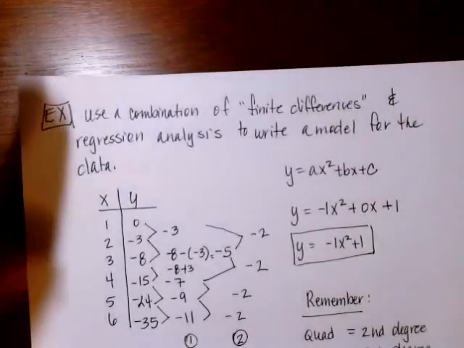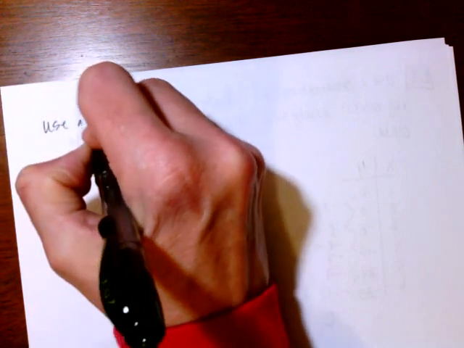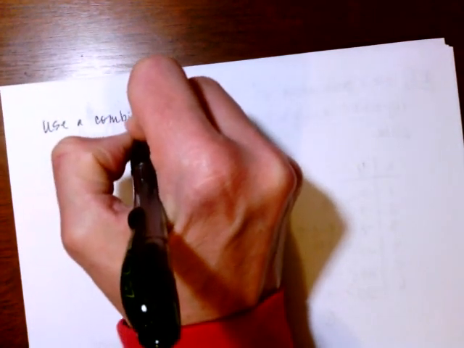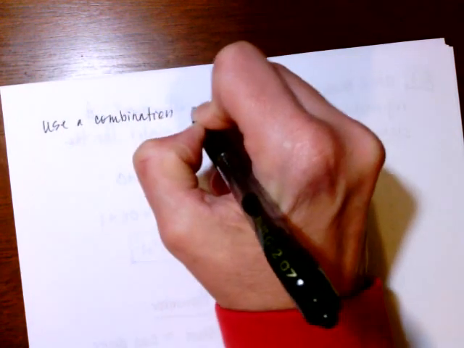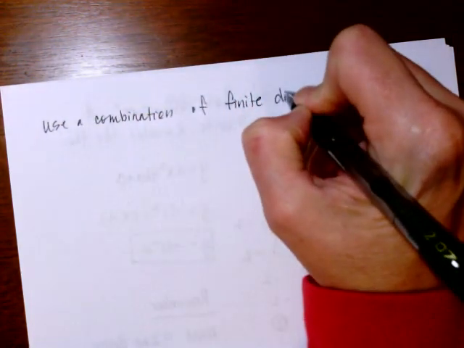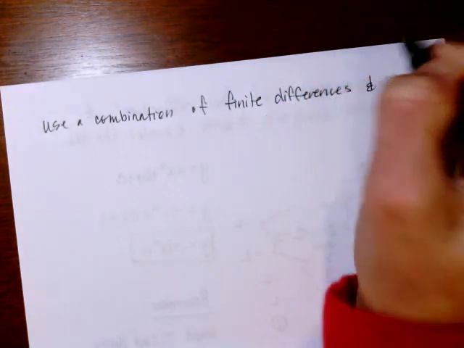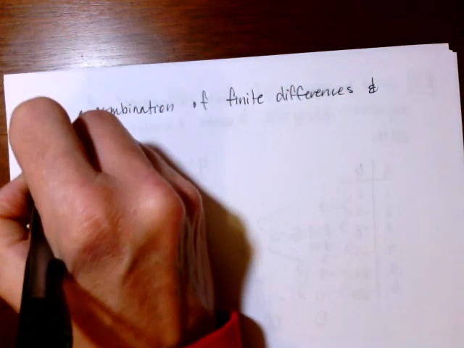Now what I'm going to do is turn the page, and I'm going to give you the data for your next two problems. So the next two say, use a combination of finite differences and regression.